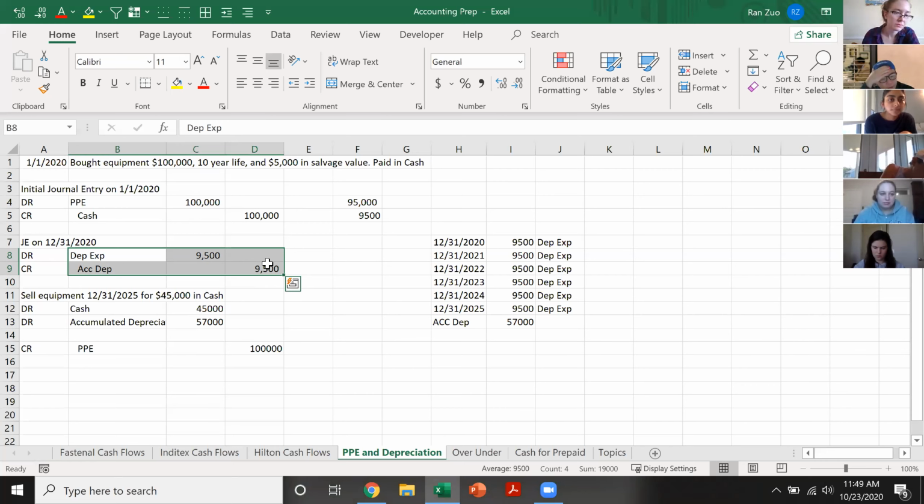Another adjusting entry would be the prepaid expense. Let's say it's prepaid rent, and you prepay the rent at the beginning of the month, right? At the end of the month, you have to adjust it to reverse out that prepaid and put it into expense.